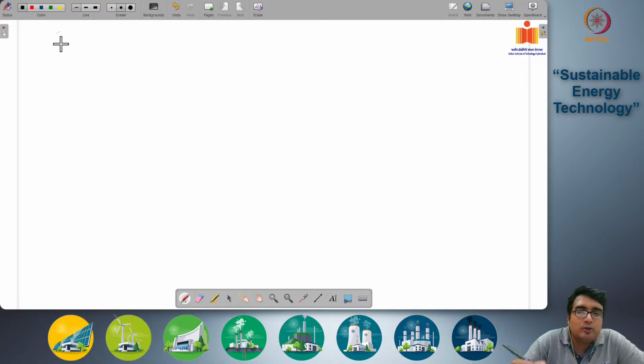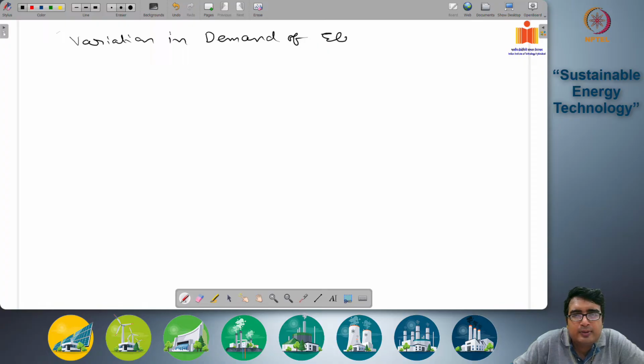So first we will look at some of the aspects of variation in demand of electricity and energy.